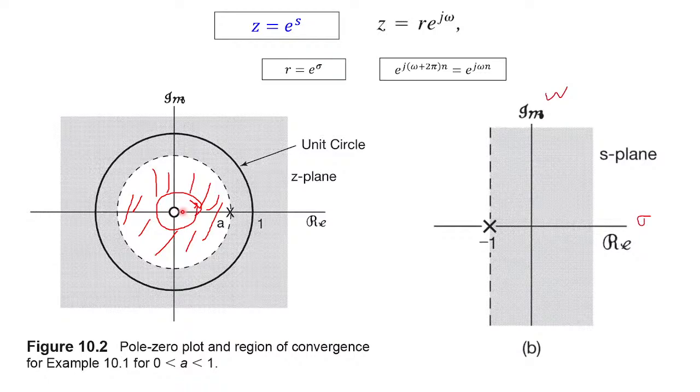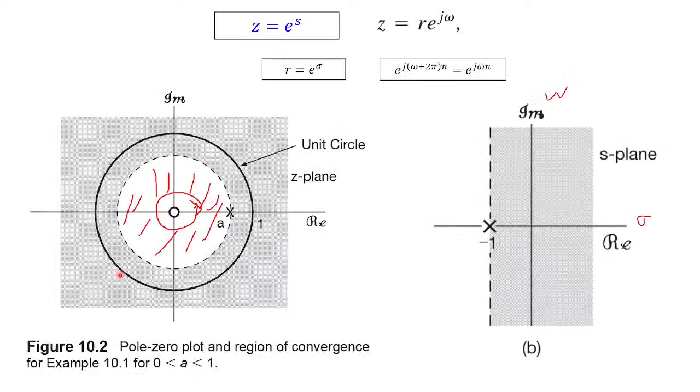You have the middle ring, or the outer region, so everything except the middle. Okay. And all the stable and causal properties are similar to the thing I explained. So if you want it to be stable, then your ROC needs to include the unit circle. And if you want it to be causal, then you need the outermost ring, or the region that extends to infinity. Okay.